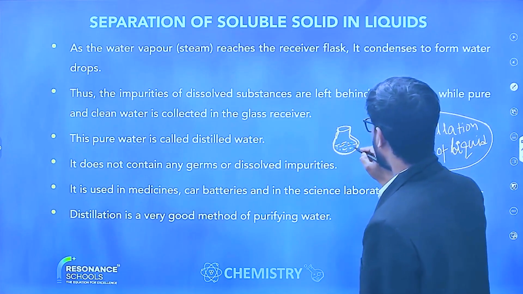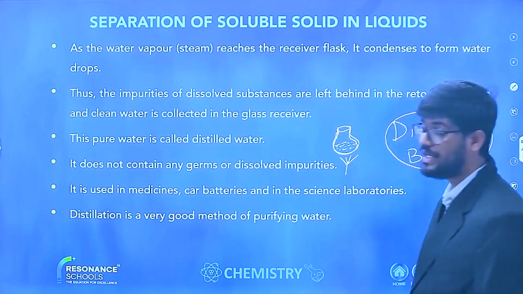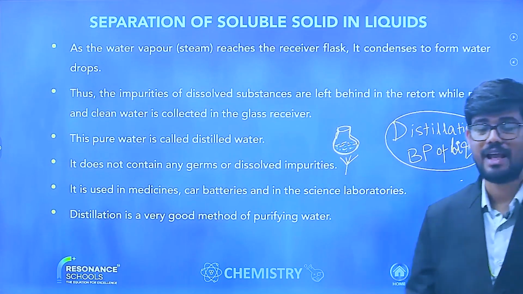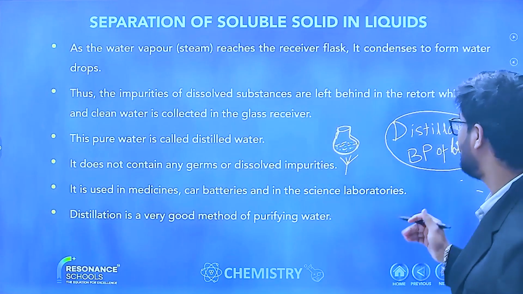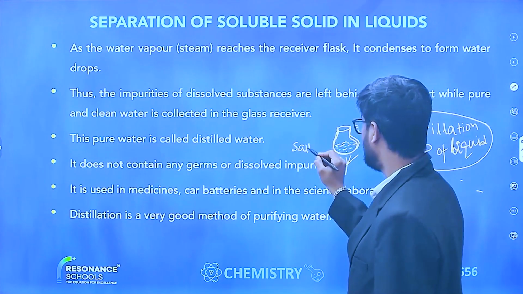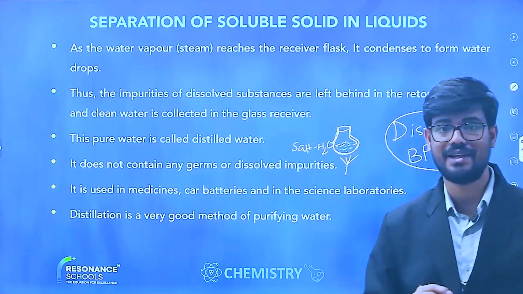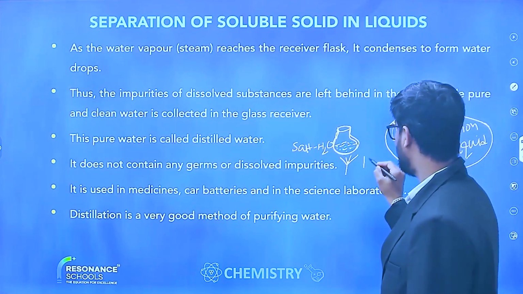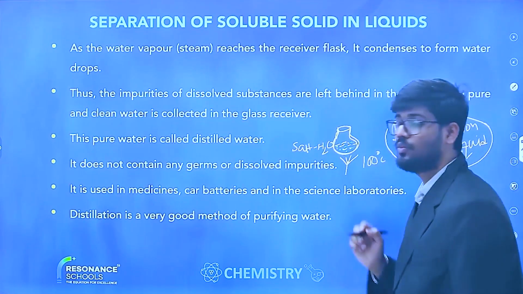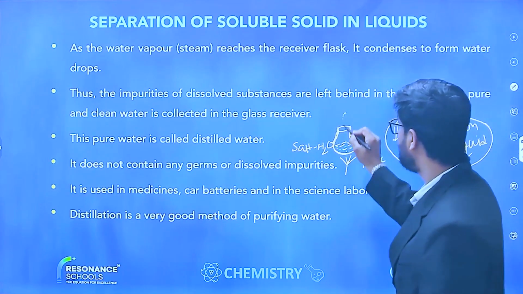Now we are giving heat, as per the boiling point. If we consider salt water, water has a boiling point of 100 degrees centigrade, so we will maintain 100 degrees centigrade. At that condition, all these water molecules will evaporate.